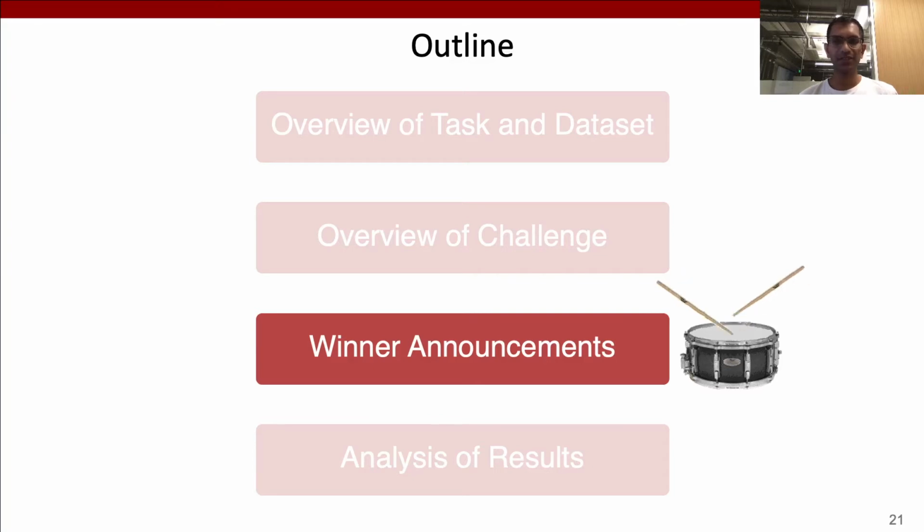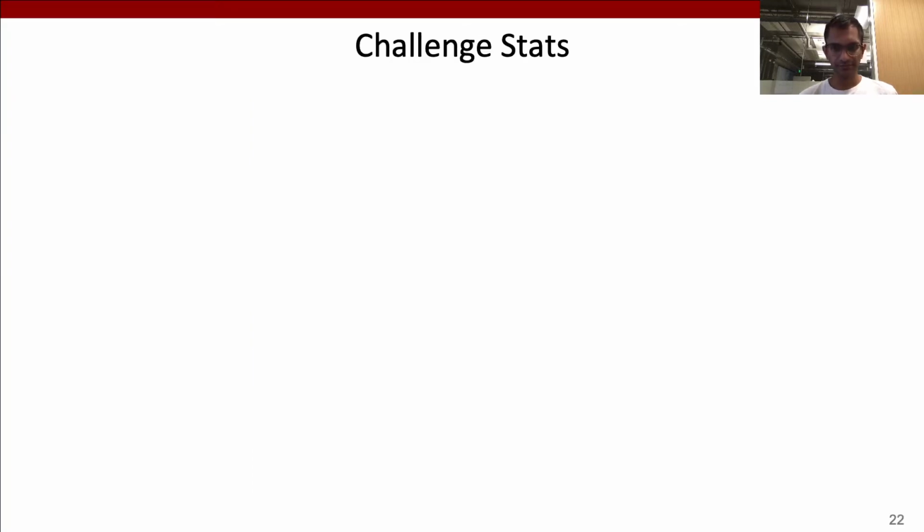Now it is time to announce the winners. But before I announce the winners, I would like to mention that this year we saw continued high participation, with 55 teams participating in this year's challenge, with individuals from more than 10 institutions.